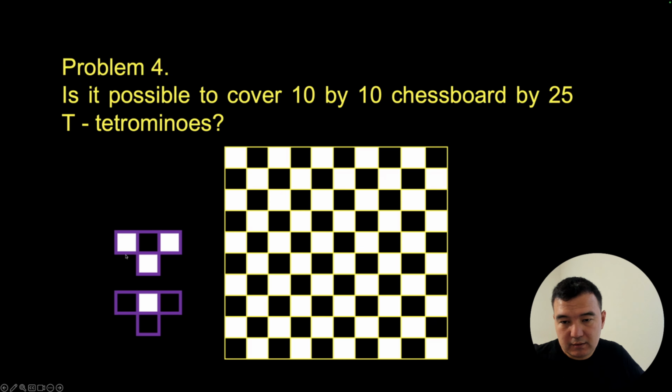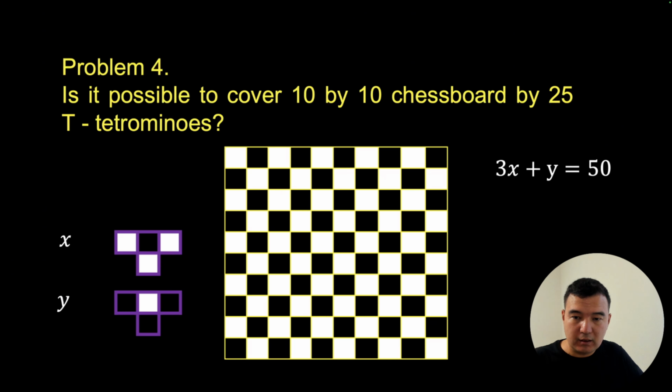This type has 3 white cells, so say we have X amount of the first type and Y amount of second type. If you want to count the white cells, that will be 3 times X, because the first type has 3 white cells, and then plus Y. And if you want to count the black cells, that would be 3Y plus X, because second type has 3 black cells.